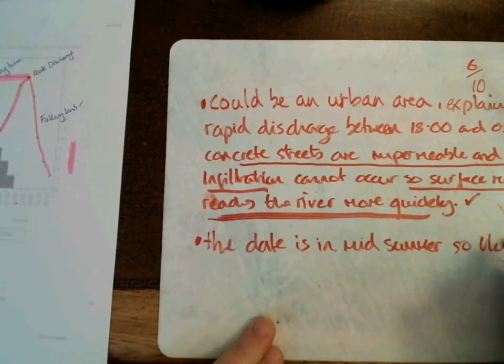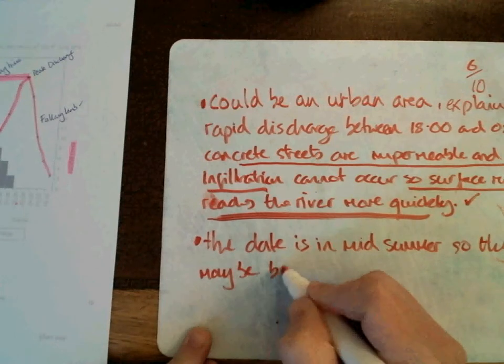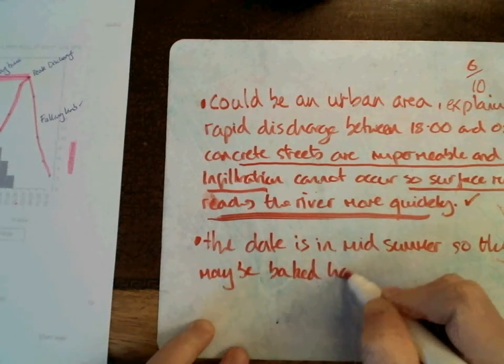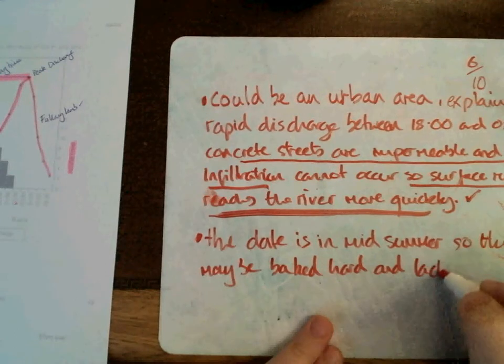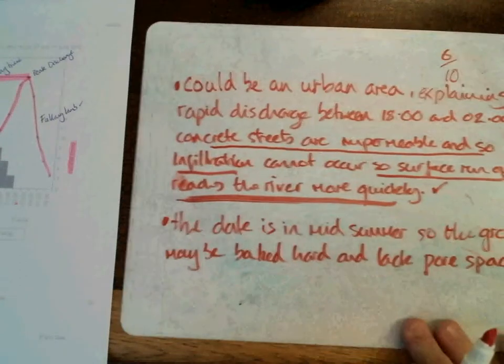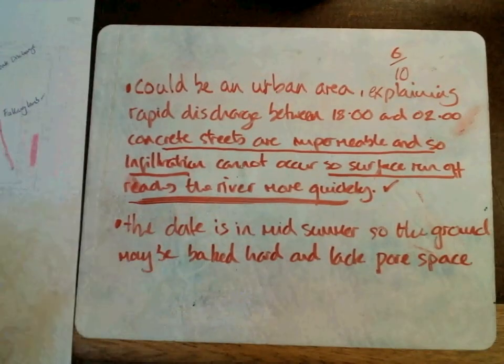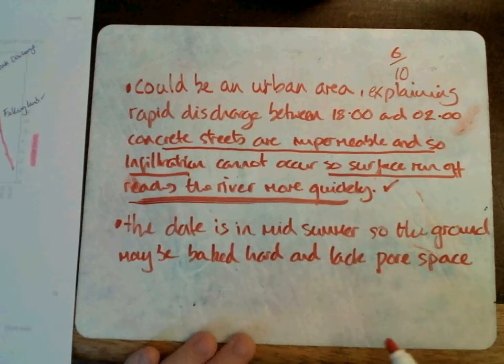So the ground may be baked hard and lack pore space. This is a term you may have forgotten. Pore space means the amount of gaps within the soil for water to infiltrate into.